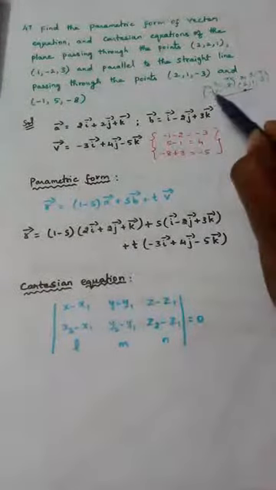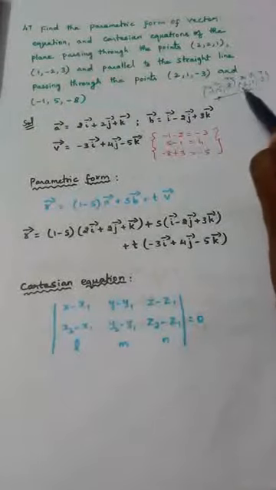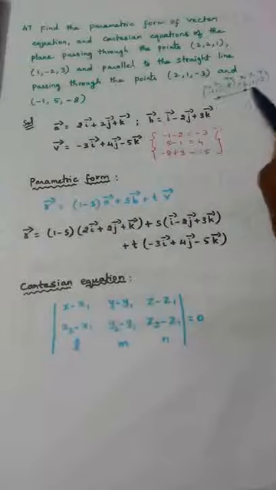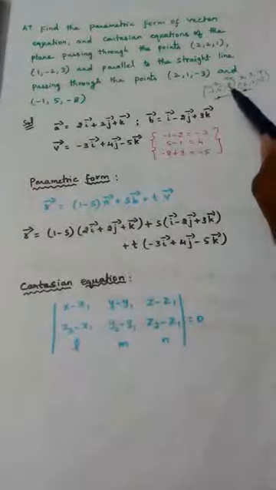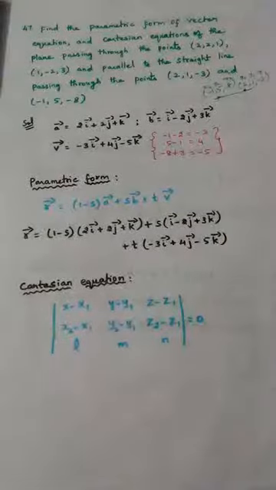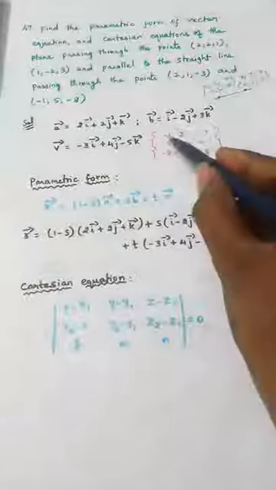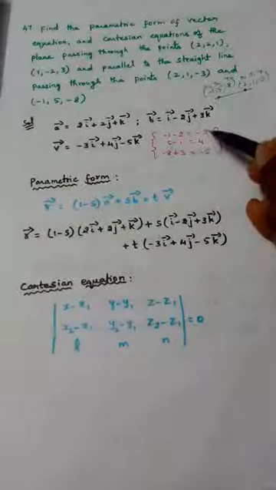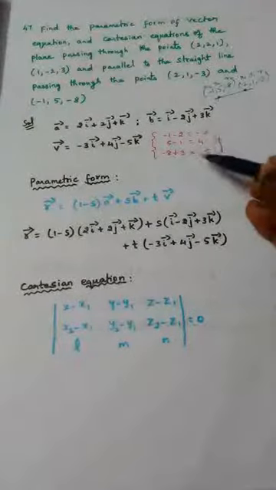So x2 minus x1 means minus 1 minus 2, that is what is written here, minus 3, 5 minus 1, and next minus 8 minus of minus, plus 3. What are these values? x2 minus x1, y2 minus y1, z2 minus z1. These are the values, and that is nothing but the parallel vector.